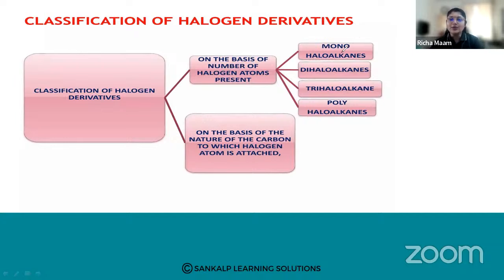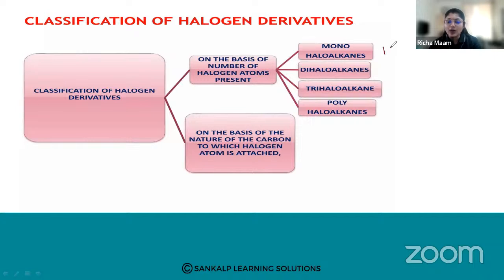Okay, so both the haloalkanes and haloarenes are classified as monohaloalkanes or monohaloarenes, dihaloalkanes or dihaloarenes, trihaloalkanes or trihaloarenes, or polyhaloalkanes or polyhaloarenes, based on the number of halogen atoms.